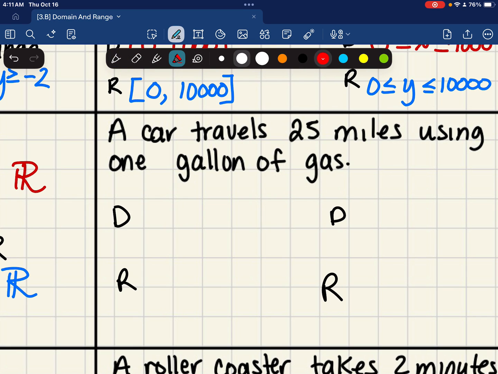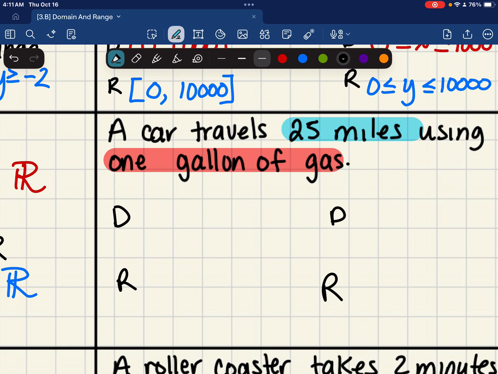So the gallons in this case is our domain, and the distance that we travel is going to end up being our range, because the gallons restricts how much you can travel. So if I'm thinking about domain, thinking about gallons of gas, the least amount of gas I could put in that car is 0, right?